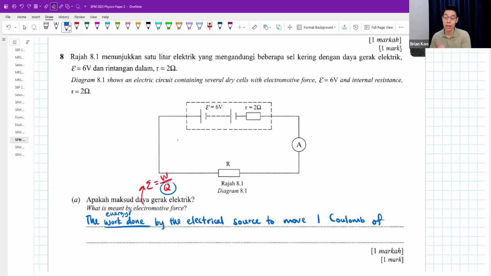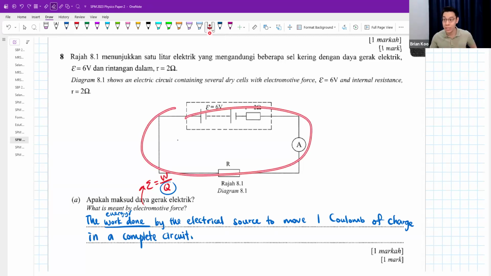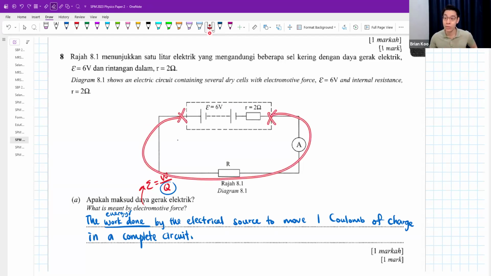Charge is Q. 1 coulomb is the SI unit. To move 1 coulomb of charge in a complete circuit. How much energy you need to move it through the whole circuit? Whole circuit, that means not only passing through the wire, but including the battery also, the whole thing.